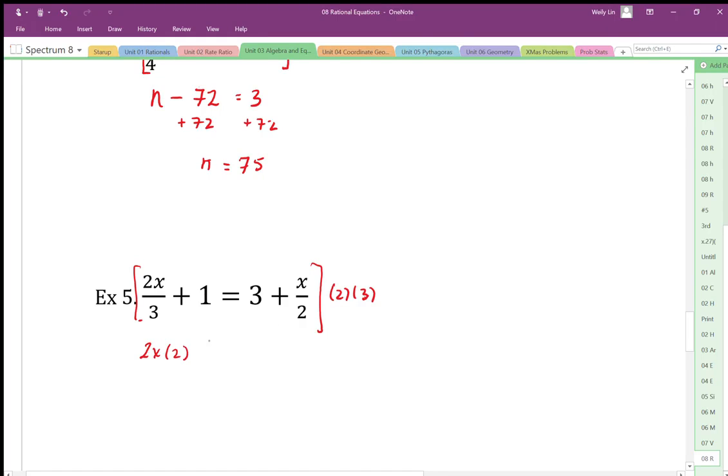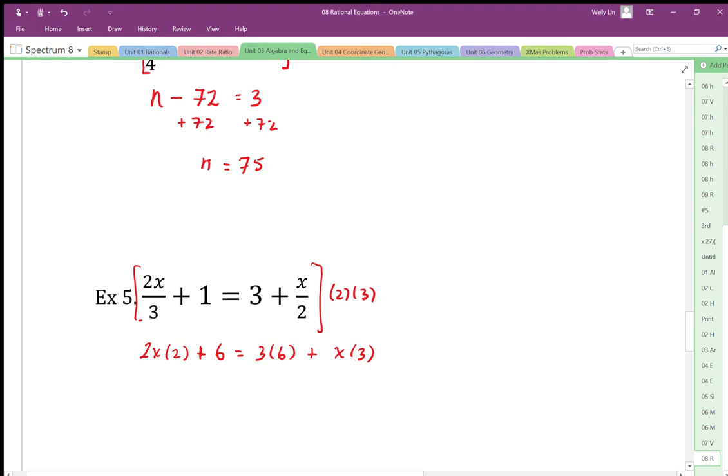That 1, nothing cancels, so I'm going to times it by 6. Nothing cancels with the 3, so I'm going to times the 3 by the 2 times 3, which is 6. The times 2 divide 2 cancel, so I'm just left with x and my times 3.